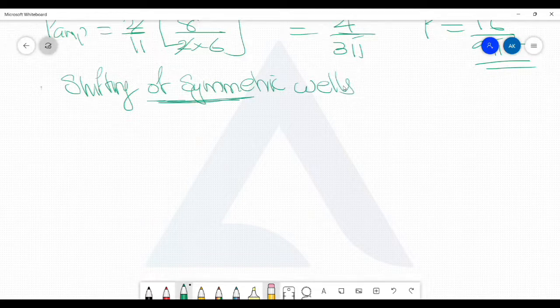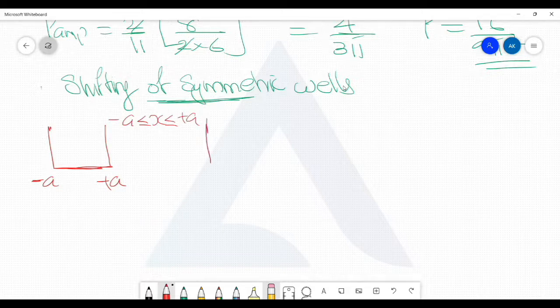Shifting of symmetric wells. Now you have a system which is having a symmetric length from minus a to a. That is, a system having a length minus a less than or equal to x less than or equal to plus a.